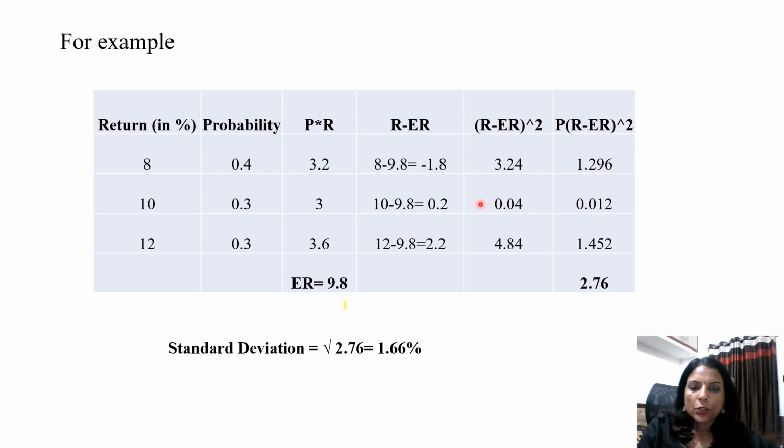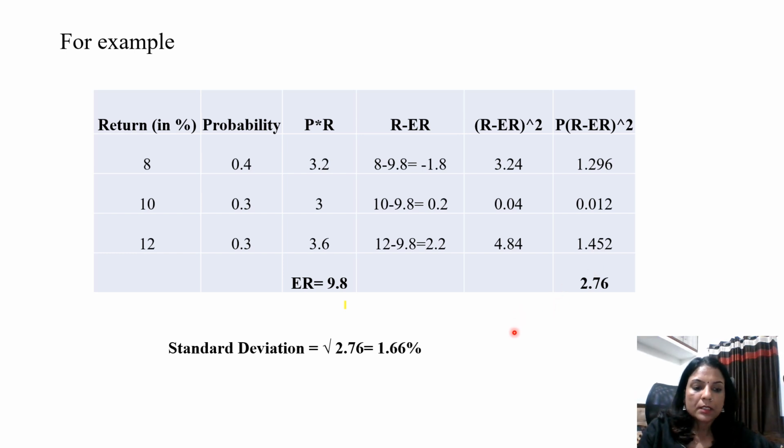Then 0.04 multiplied by 0.3 gives 0.012, and 0.3 multiplied by the third value, 4.84, gives 1.452. Now the summation of these three values, for securities X, Y and Z, of P into (R minus ER) squared: if you add all these values, we get 2.76.